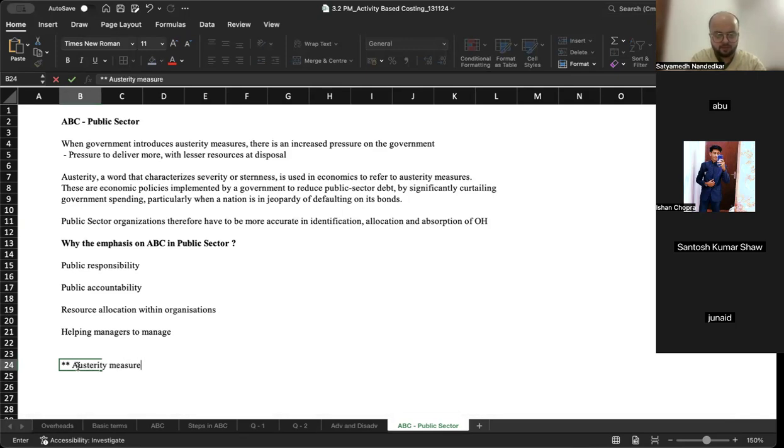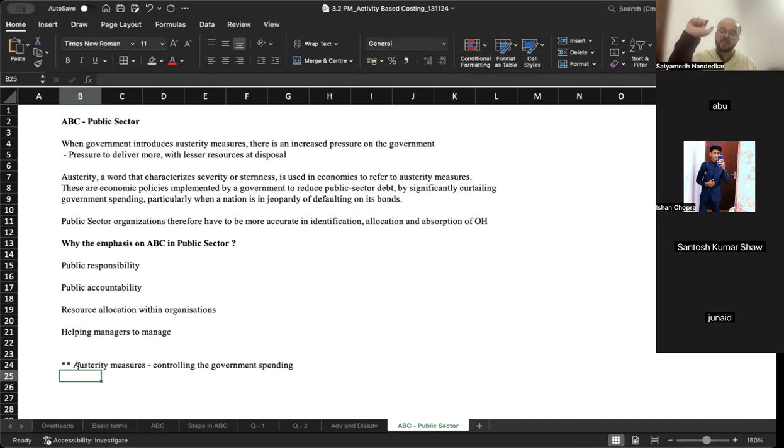Austerity measures. This is basically controlling the government spending. Okay, a period when the government wants to control the overall spending.